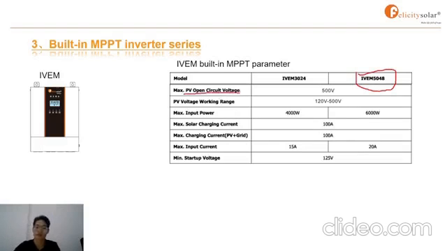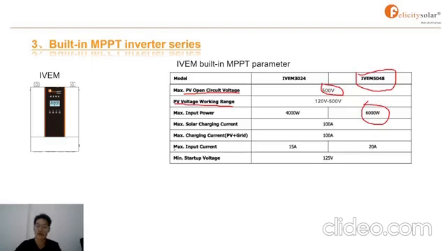The maximum PV open circuit voltage is 500 voltage, and the PV working range voltage is 120 to 500. So for the different voltage and the different current, the maximum input power will be different too. The maximum input power of the MPPT built-in IVM 5048 is 6,000 watt.